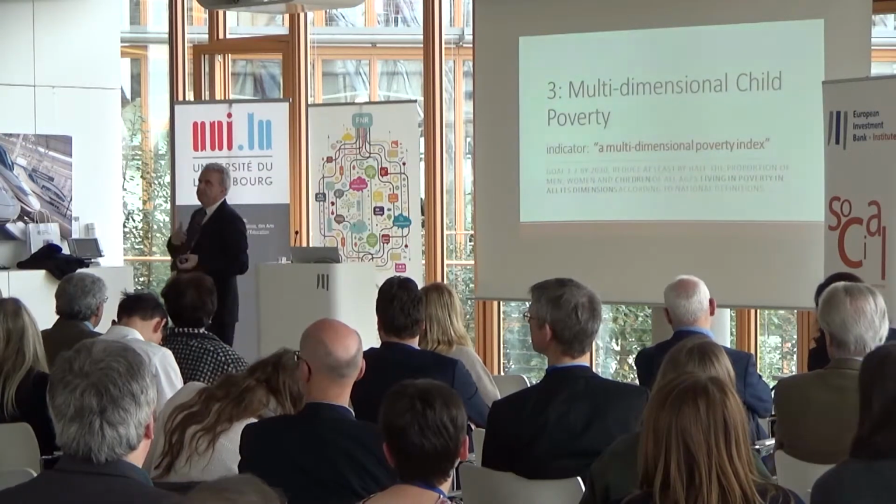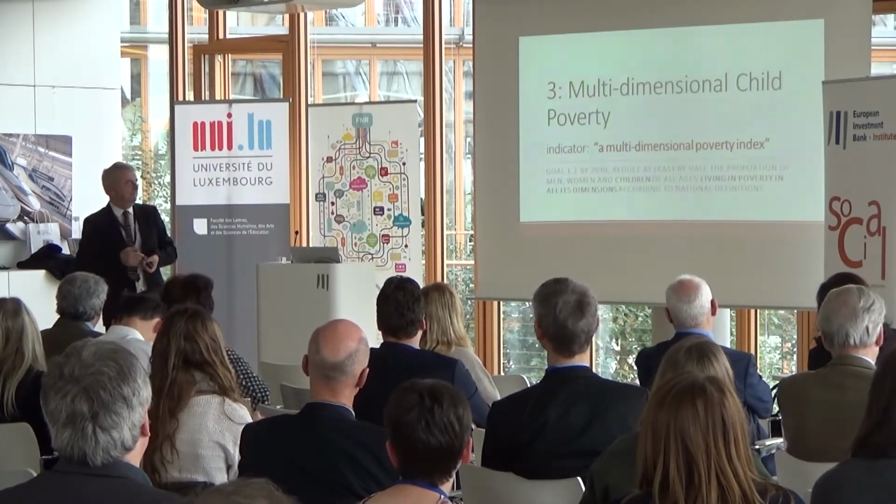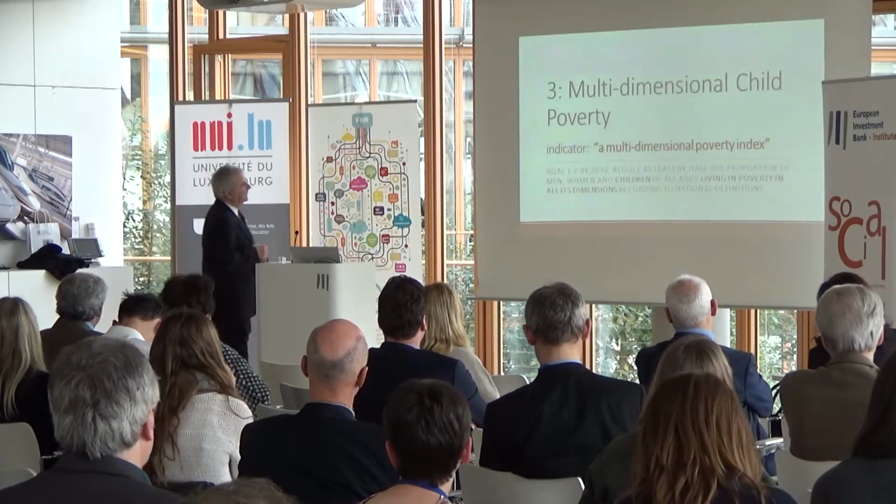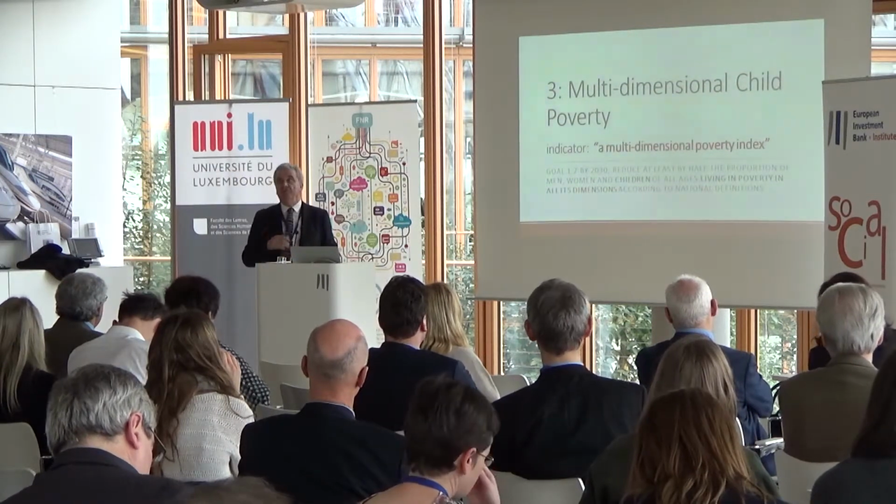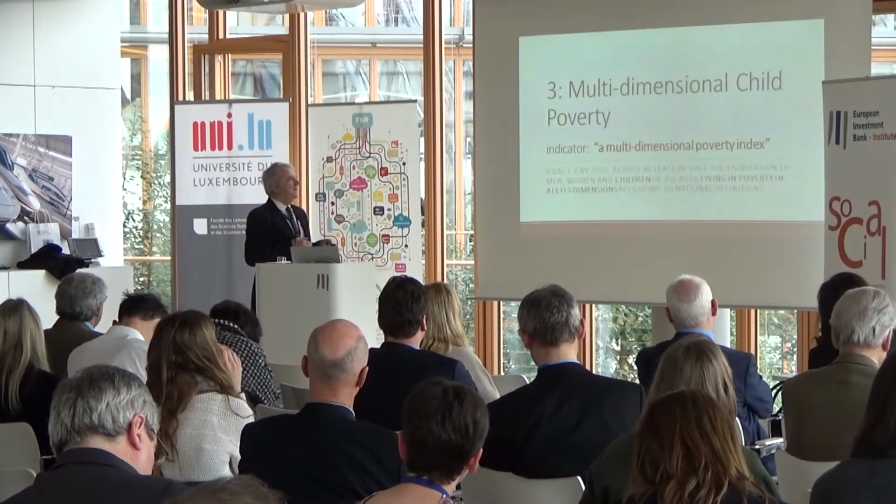Okay, I'm now going to move on to that third measure. And the indicator that's been agreed, at national level, is a multidimensional poverty index. And the important thing for those of you who know about multidimensional poverty is that there's no capitals here.